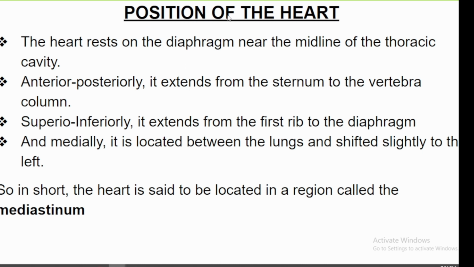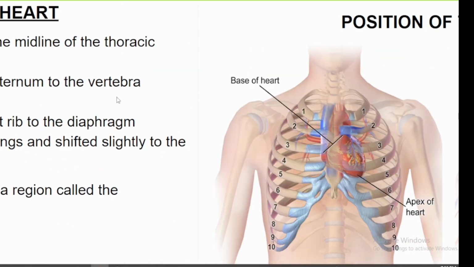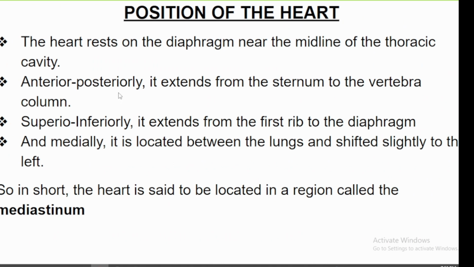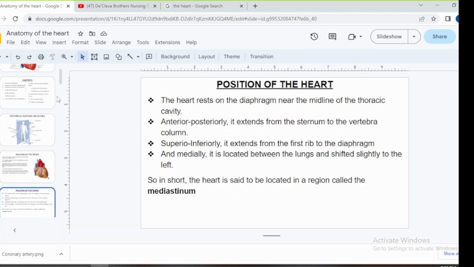Okay, so still talking about the position of the heart. Here we are still saying that the heart rests on the diaphragm near the midline of the thoracic cavity. Sorry guys, hold on, let me change our transition so that you can see it very well.